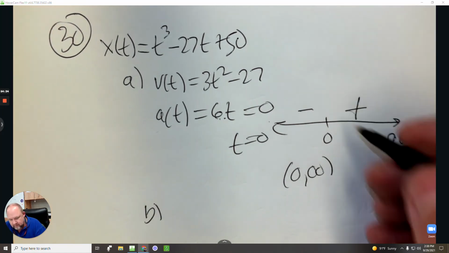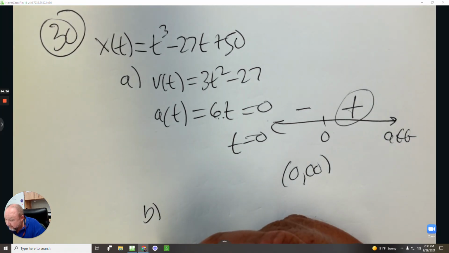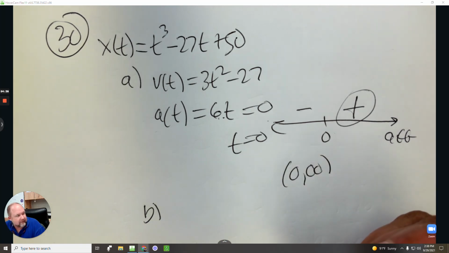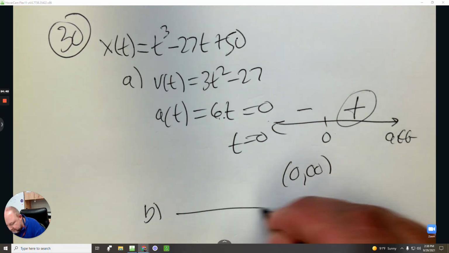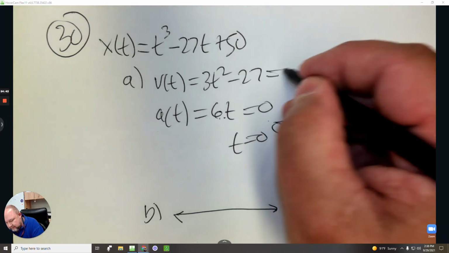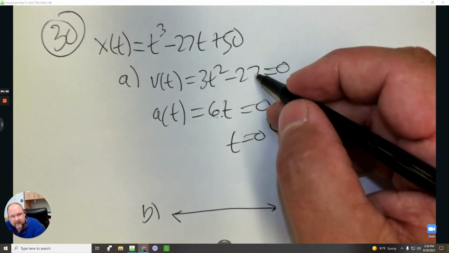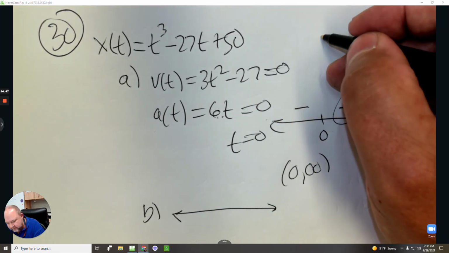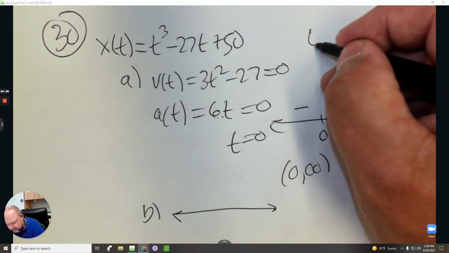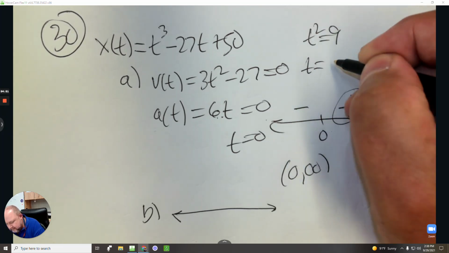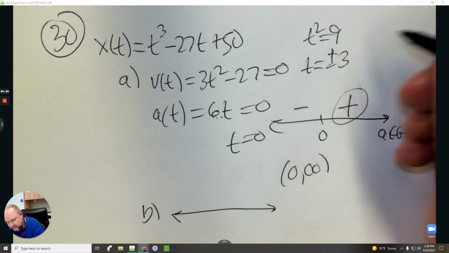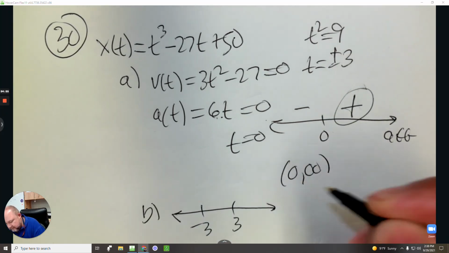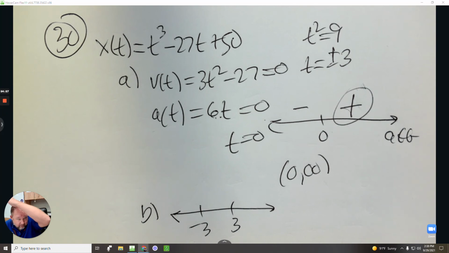B, this is what we're looking for. When is the speed of the particle increasing? So speed is increasing when the signs are the same. So if I would solve this, add 27 divided by 3, so it's t squared equals 9. So at positive and -3, it's 0.